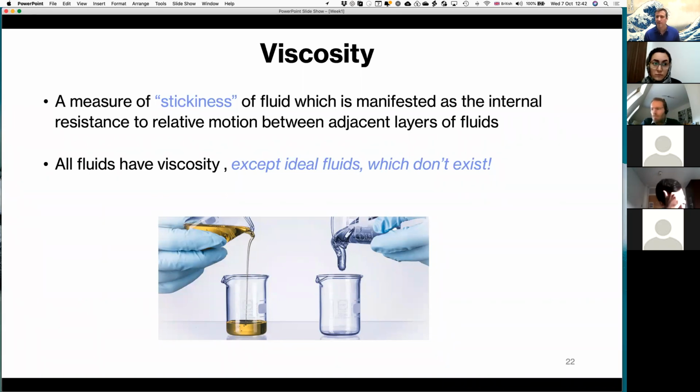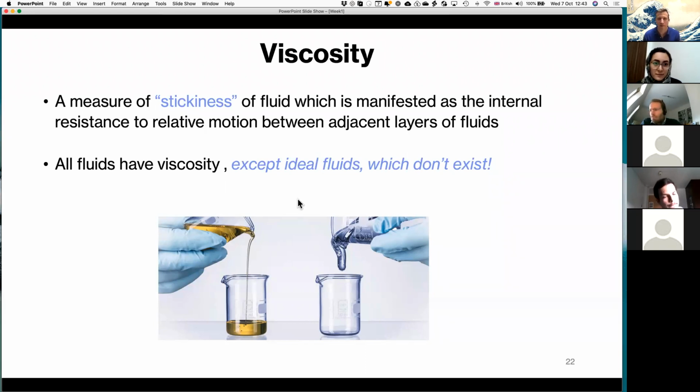Continuum. Another one that is really fundamental that I wanted to start with is viscosity. And viscosity is close to my heart because it's the root of all turbulence and the cause of all interesting things, as far as I'm concerned. It's essentially a measure of how sticky a flow is. But it's more than that. If you think of it at the scale of the layers of the fluid, it's resistance to motion between the different layers.